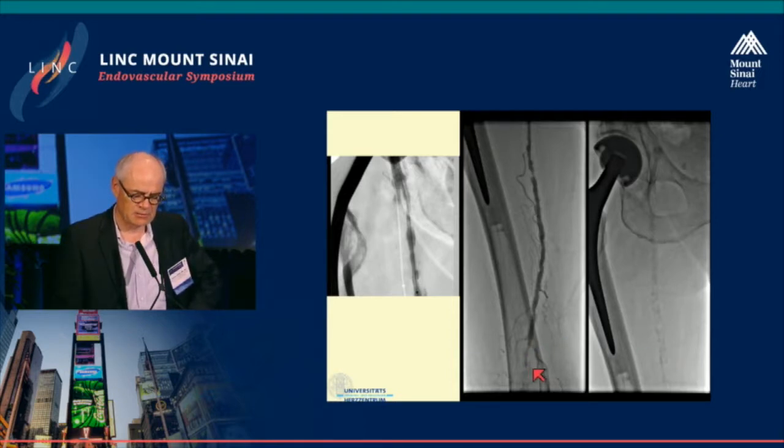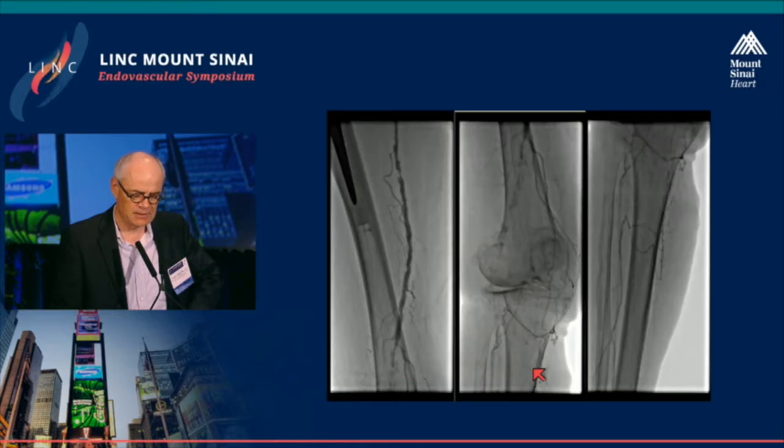You can see here the occlusion of the popliteal artery. There is some collateral vessel originating, which is then providing collaterals to the anterotibial, and then distal to an occluded tibioperoneal trunk, also to the peroneal artery.